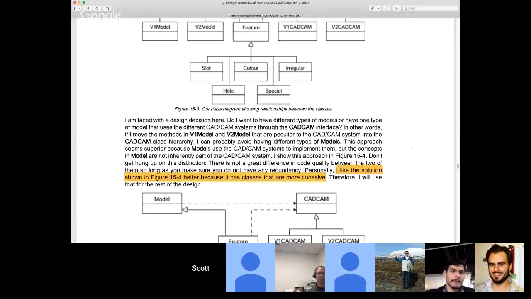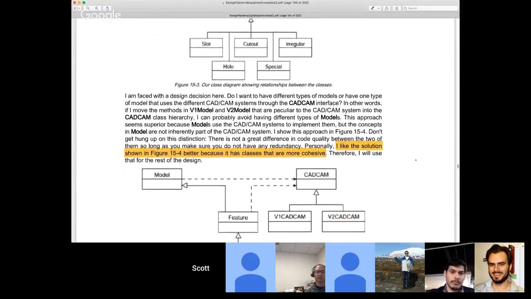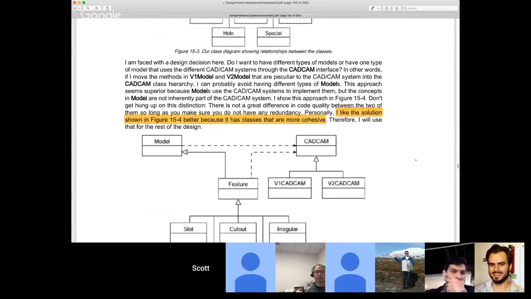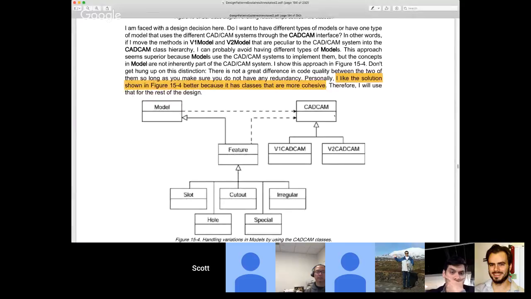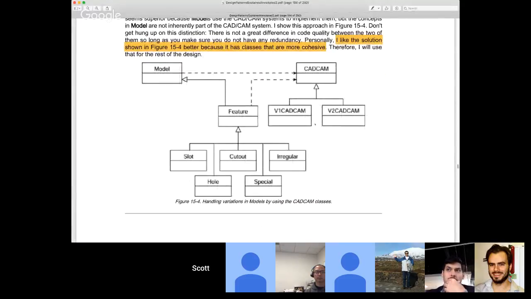So he's got a design decision here. Does he want to have different types of models or have one type of model that uses different CAD/CAM systems through the CAD/CAM interface? So he can basically attempt to say, okay, I've got a common CAD/CAM at the top, and I'll drop into the implementations down below.